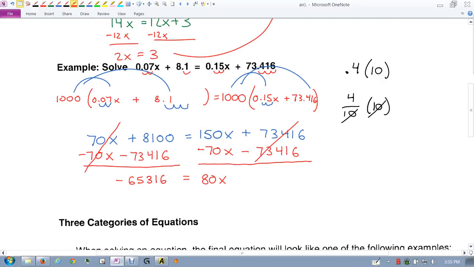That's all right. And then divide both sides by 80.